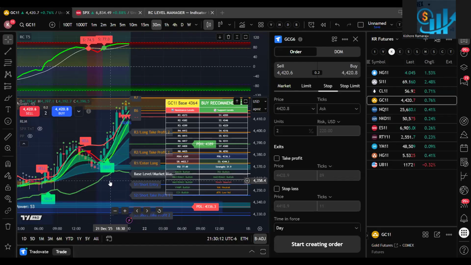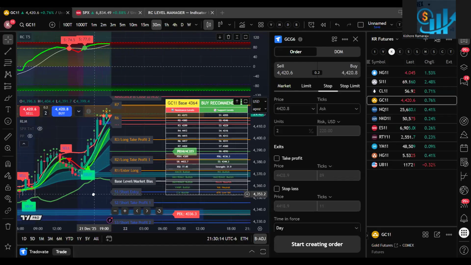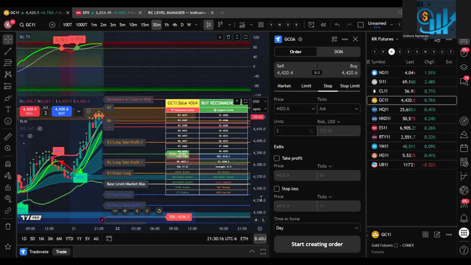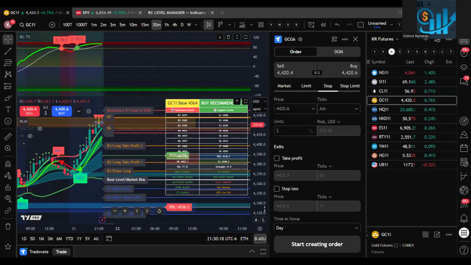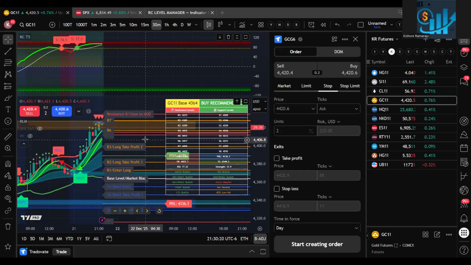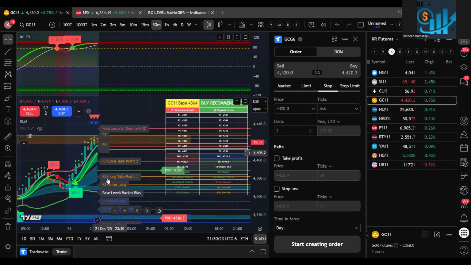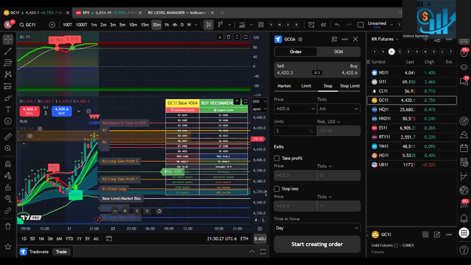If you want to take multiple opportunities, you are a trader who is not so busy with your office work, or you want to make trading your full-time career, then RLM, FLM, SLM along with T5, that is the best option. That will give you more opportunities every day.